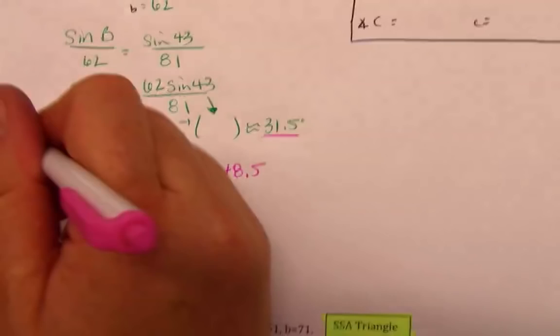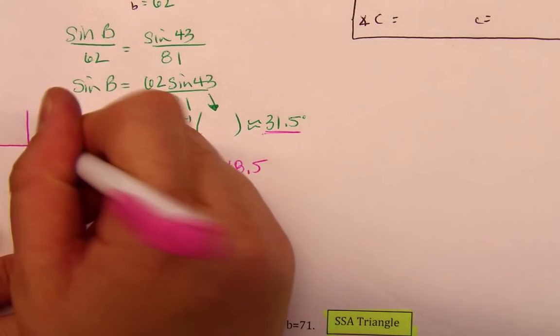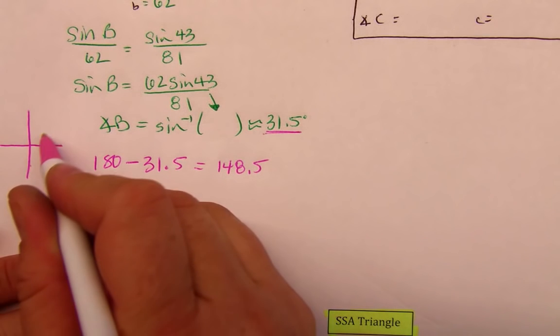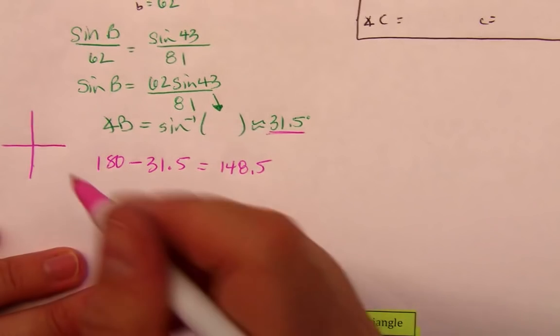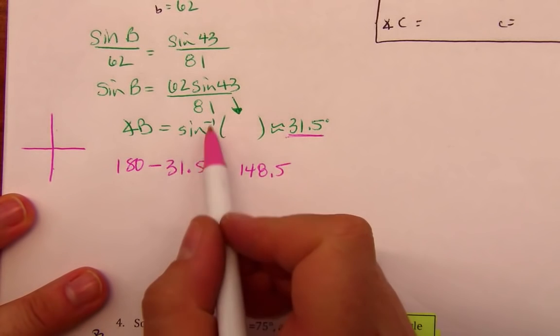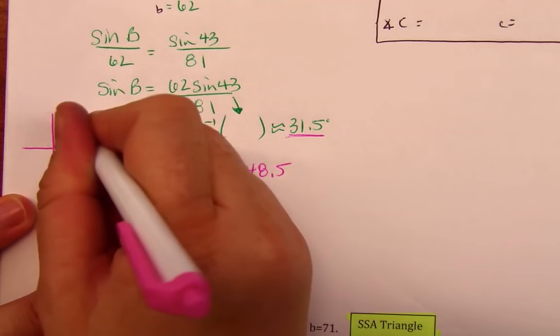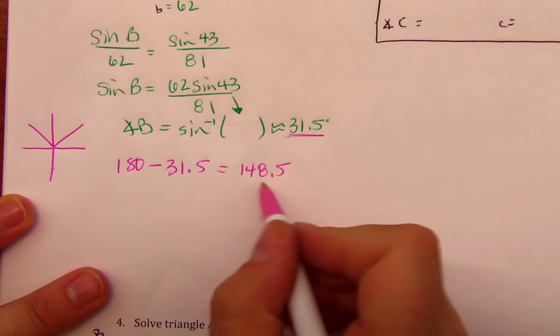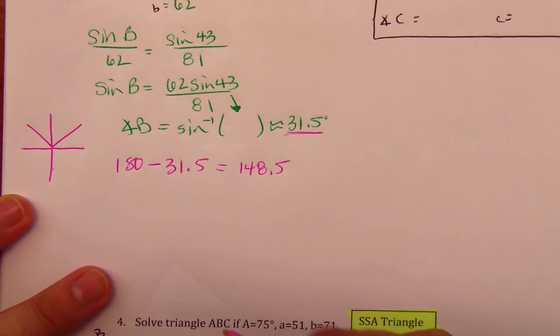Now the reason why we have to do this is if you remember, for inverse sine, its domain goes from negative pi over 2 to positive pi over 2. But I get a positive decimal here when I calculate this, and I could get the same angle on this side and still have a triangle. So we need to check and see if this gives us a second triangle.